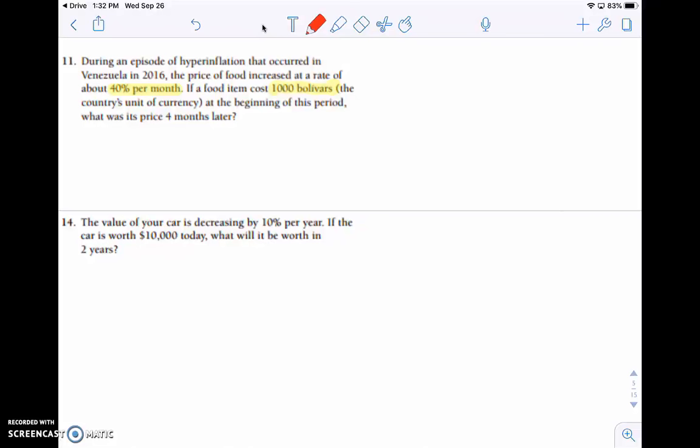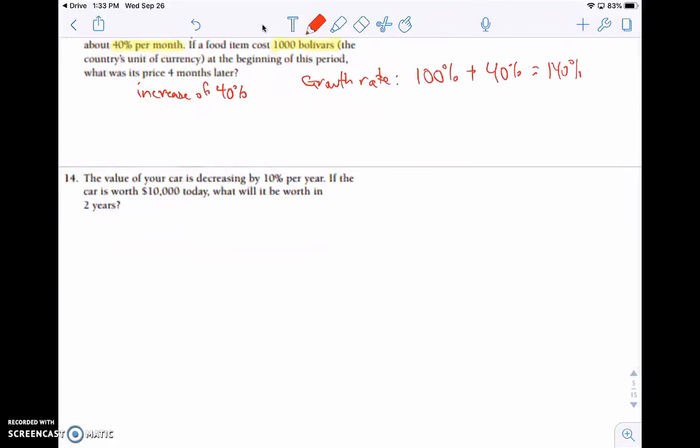Okay, now if you have an increase of 40%, then the way you take that is we're going to come up with what's called the growth rate. And the growth rate is you take 100% plus whatever you're growing by, which is 40%. So your growth rate is going to be 140%, or as a decimal, 1.4.